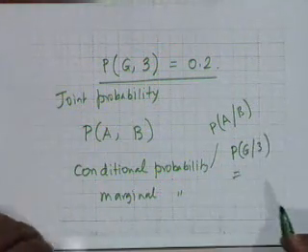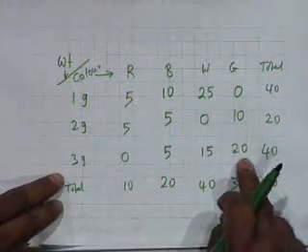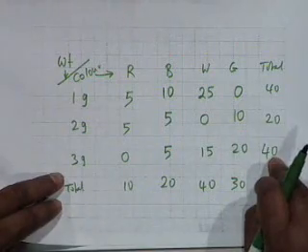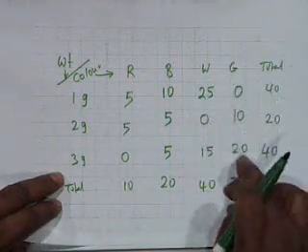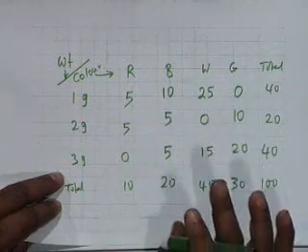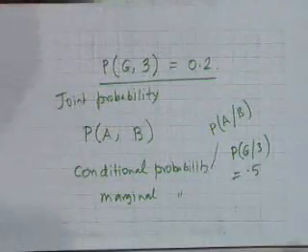Can you tell me what this shall be? 0.5. Why is it 0.5? Because a 3 gram ball has been picked, and there are 40 of them, and only 20 of them are green, and therefore 20 divided by 40, that is half, 0.5.